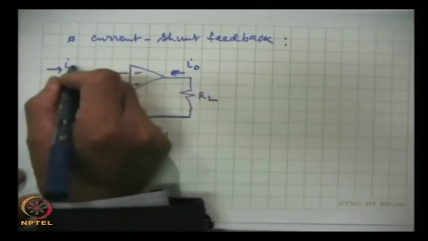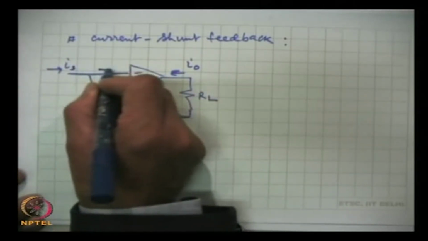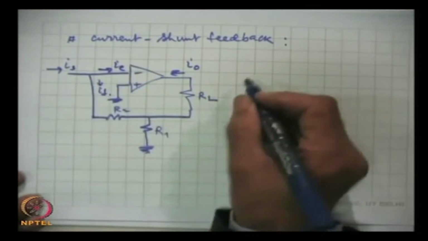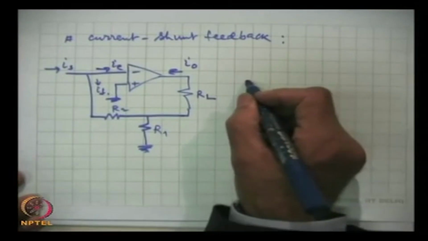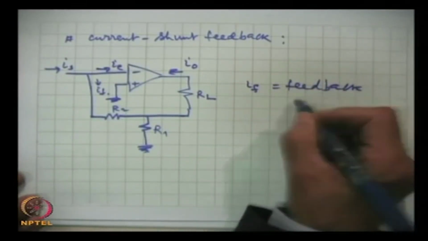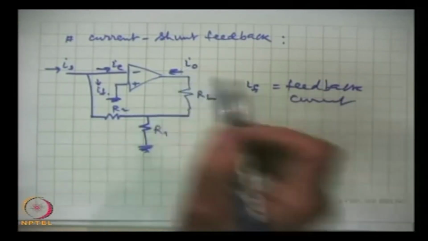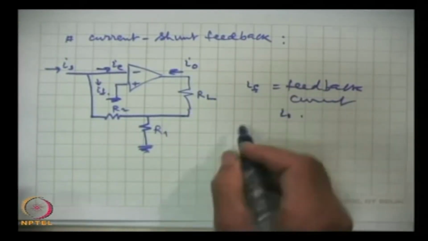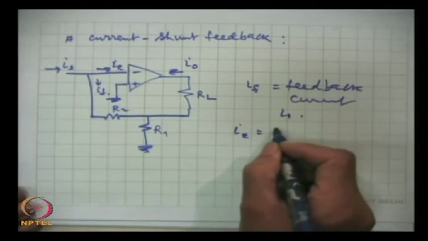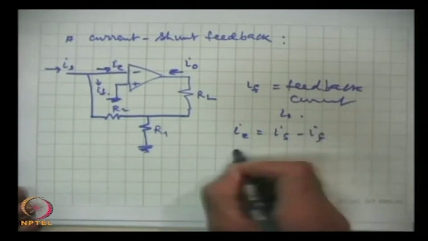So, this is Is, which is divided into two parts, IE and IF, and this current IF, which is the feedback current, is varying in proportion to I0, and obviously here IE is Is minus If.